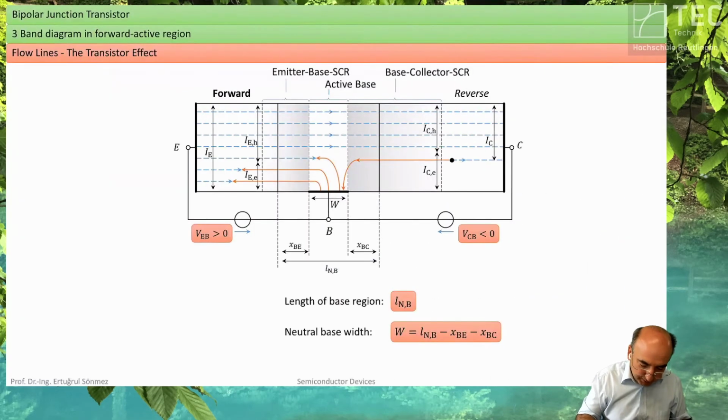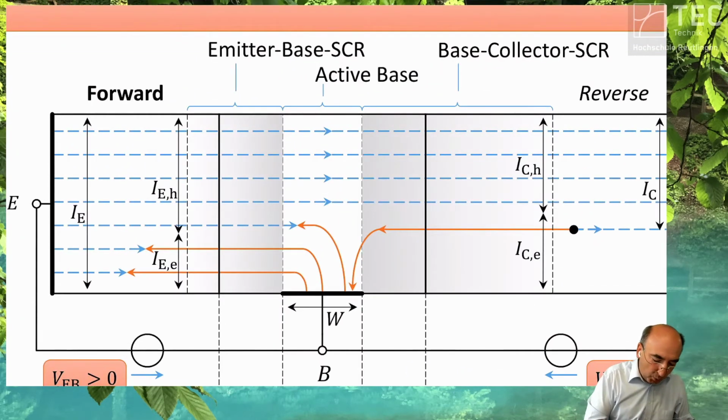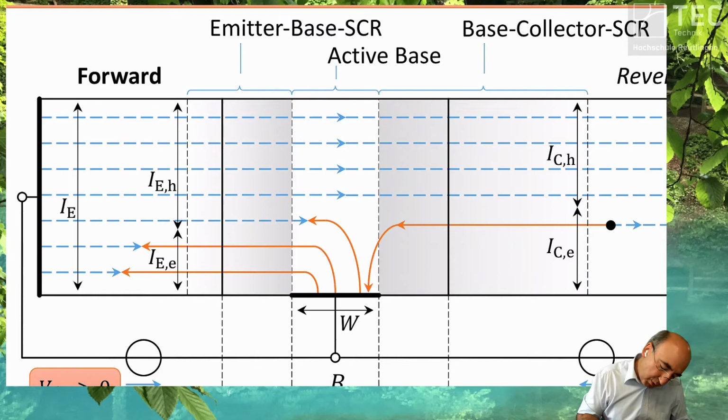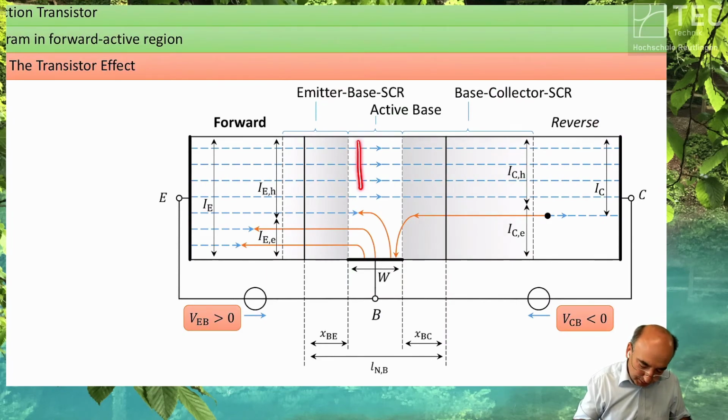Then you have this constellation. All holes go through. Perhaps one is recombining and makes your current, which is available, less for the collector.